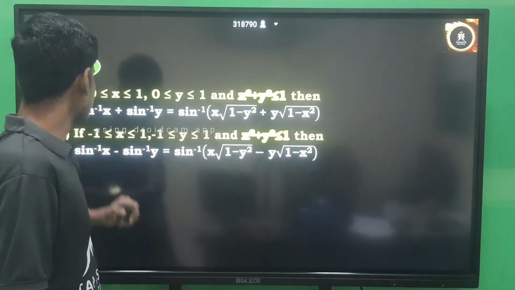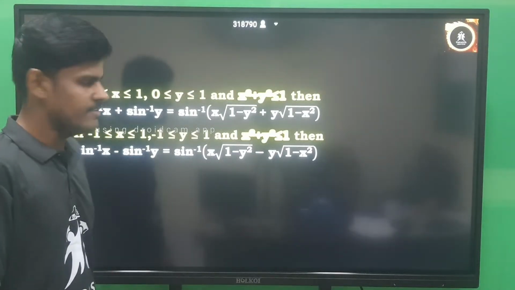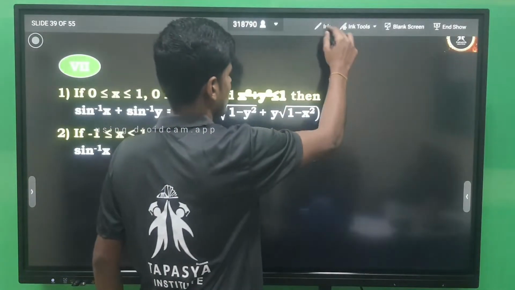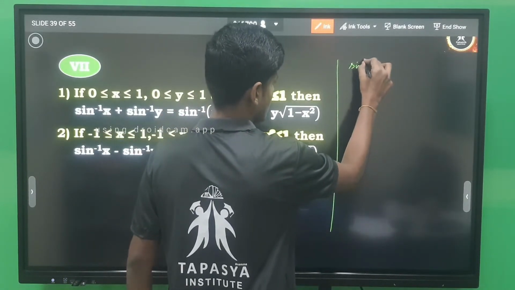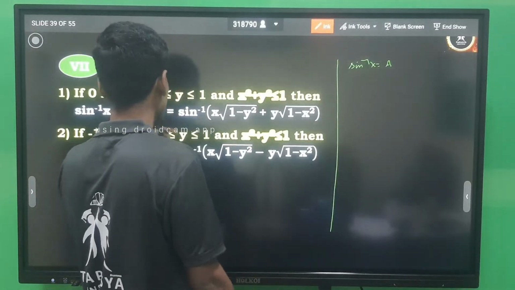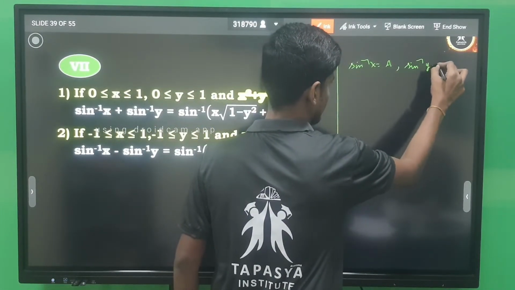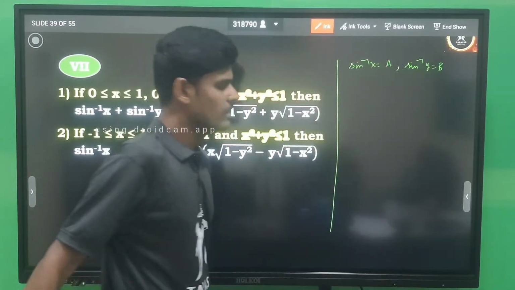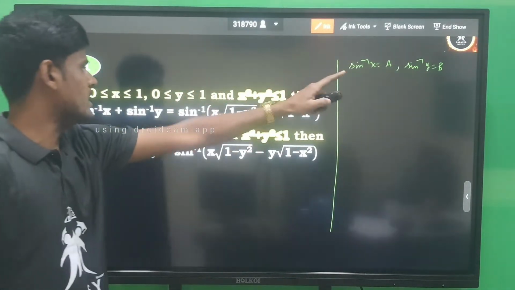Let's take sin inverse of x equal to a, and sin inverse y equal to b. Now sin inverse x plus sin inverse y is nothing but a plus b.